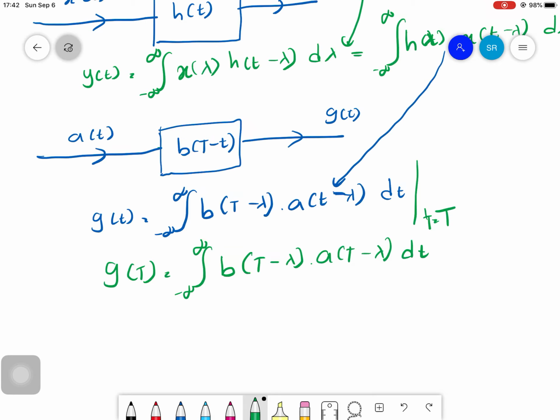The amazing thing is we can use this to determine our signal as well.